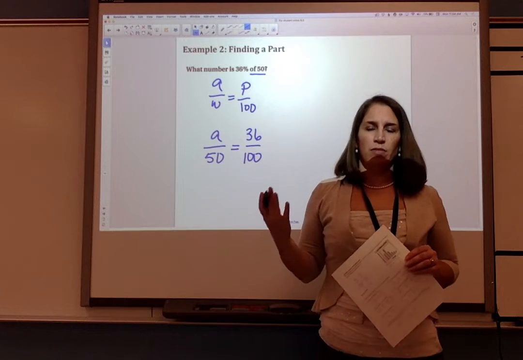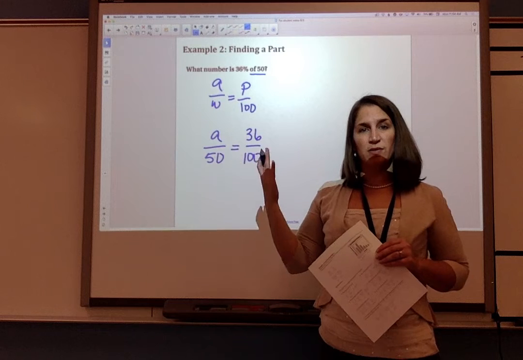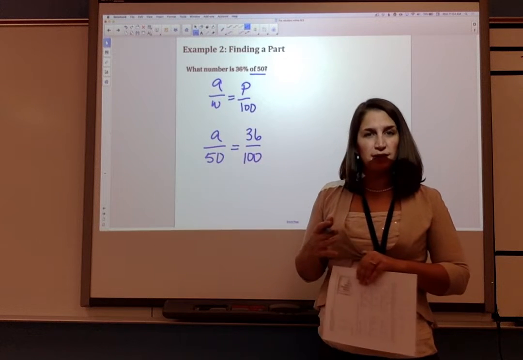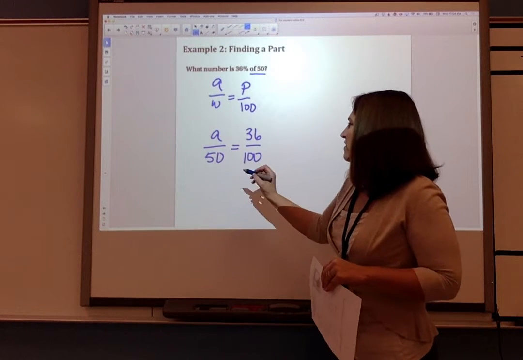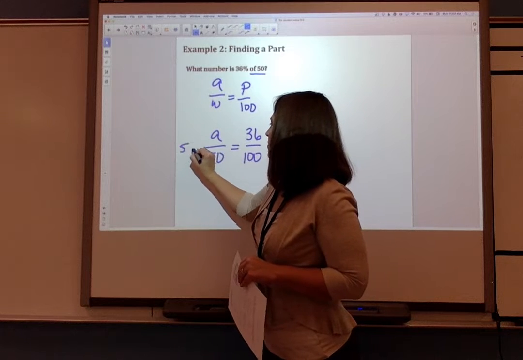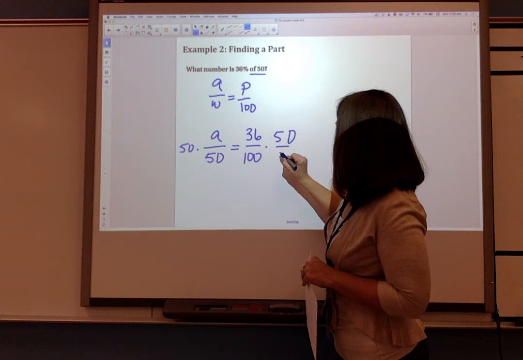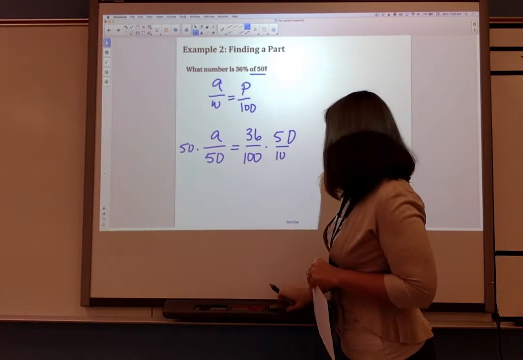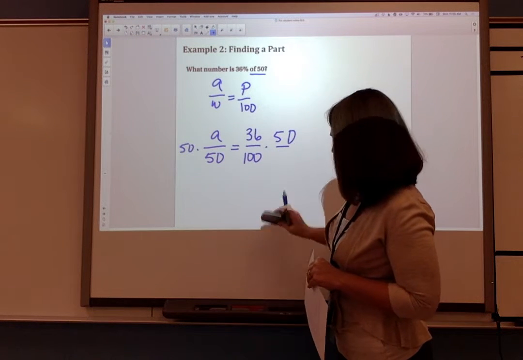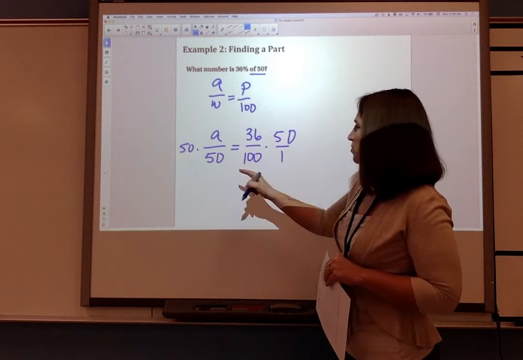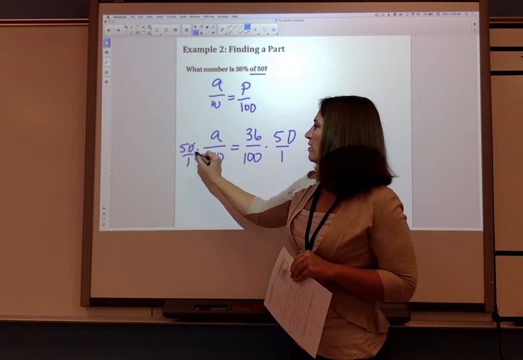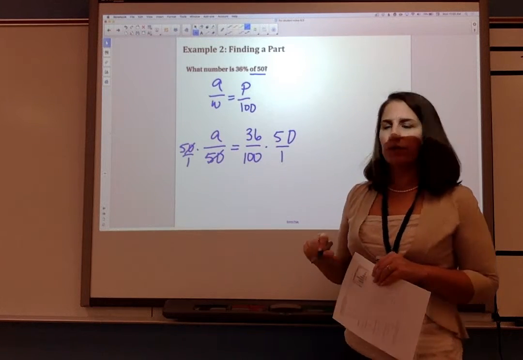Okay, so again, we can solve this in a variety of ways by using cross products to set up an equation. I think on this one, I'll just multiply both sides by 50. 50 over 100. Oops, 50 over 1. My mistake. Multiply both sides by 50 over 1. The 50s cross out here.